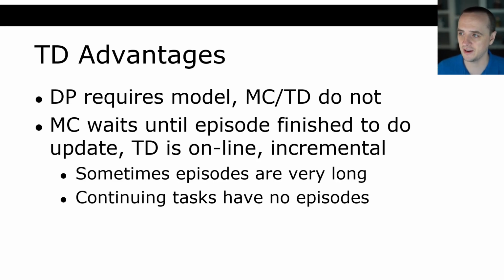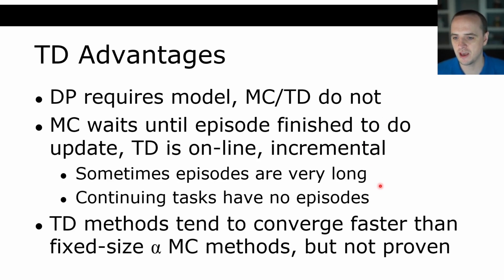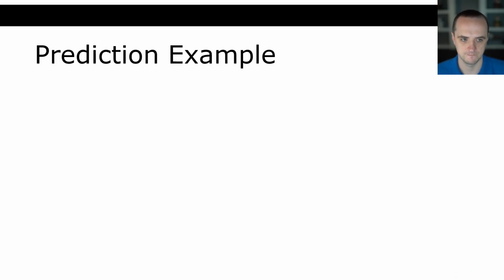TD you can use for continuing tasks because you're updating values after each action. And assignment 5 will actually be a continuing task. So TD methods tend to converge faster than fixed size alpha Monte Carlo methods in practice, but it's not mathematically proven.